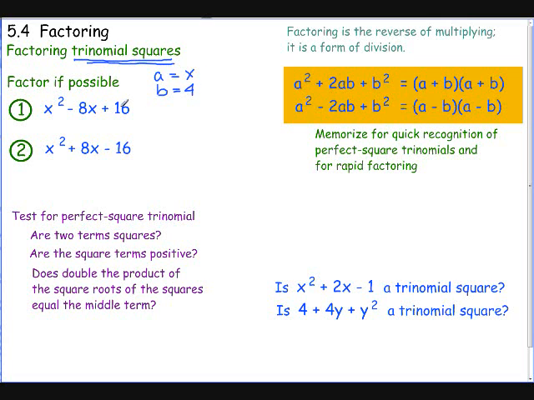So that one works there. And then finally plus b squared, which is 16. Notice that any time you have a trinomial square, this third term, the b squared, is positive, and of course the first term is positive. We don't bother writing that, but you know that's true, right?